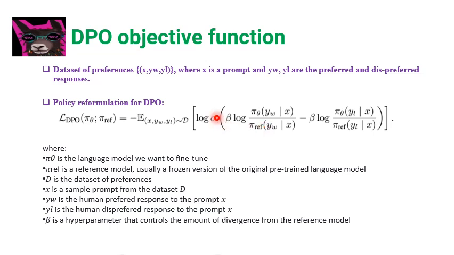Also, this beta, as you can find defined here, is a hyperparameter that controls the amount of divergence from the reference model. This sigma is the sigmoid function. It restricts the output between 0 and 1 and provides a probabilistic interpretation. Overall, the computation is averaged over the dataset and the final loss is computed.